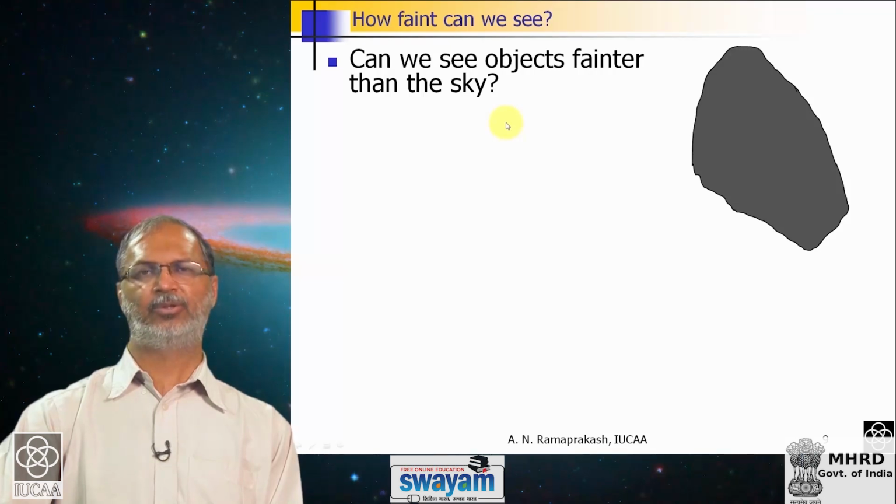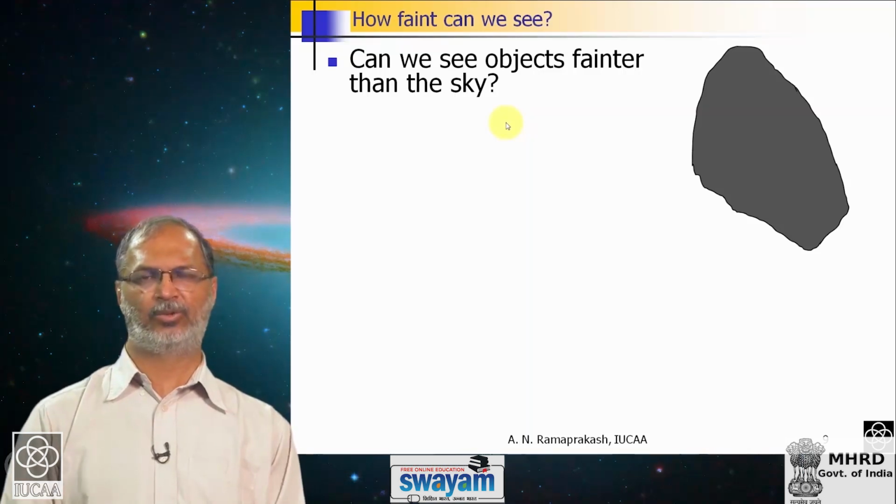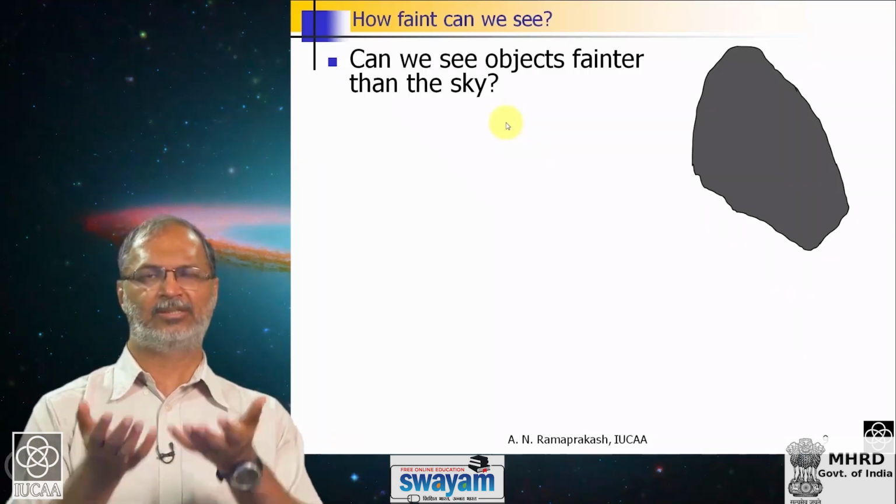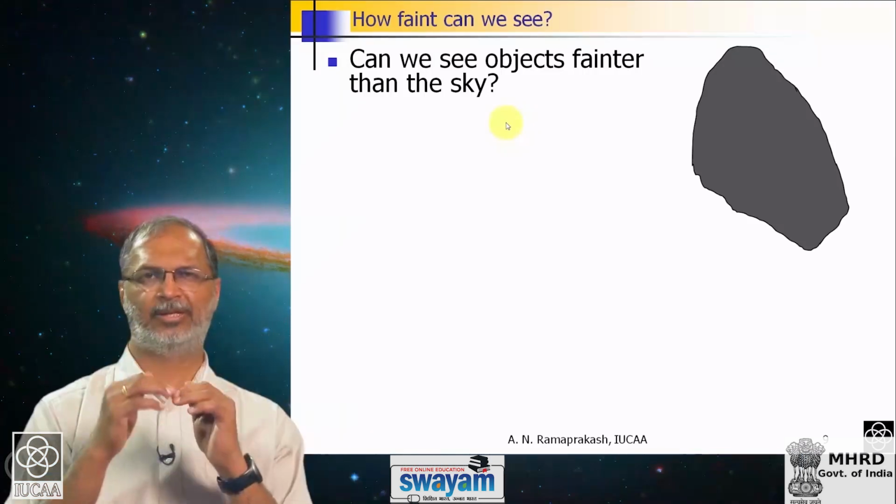limitation? If you go to a very dark site, in the night, if you look up at the sky, you will still have some light, scattered light from stars, light which is thrown up from our cities, the city lights thrown up into the atmosphere and scattering back.